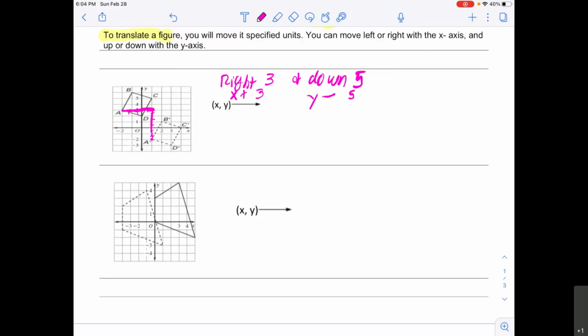So my rule is that x, y turned into x plus 3 because it moved to the right, the +3, and y minus 5 because it moved down toward the negative on the y.